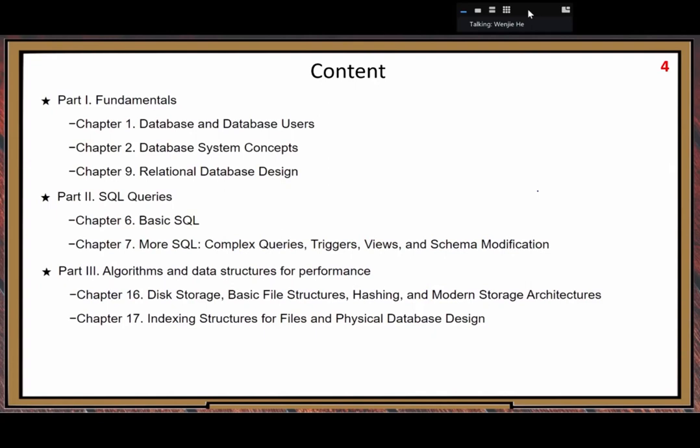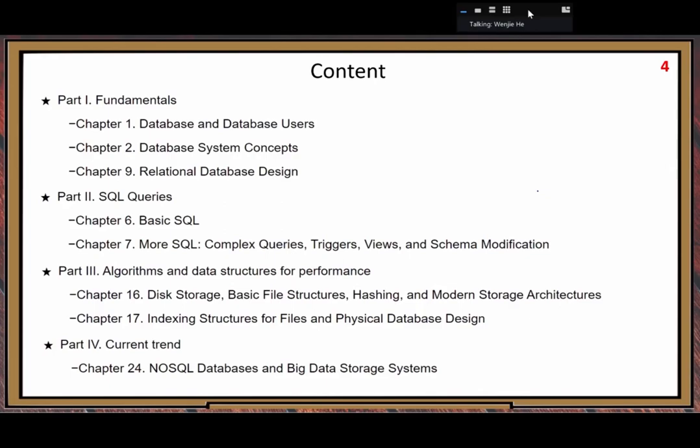Part 4, the current trend. In our current trend, there is another important, relatively new block of knowledge we need to learn: the non-relational database. Relational is a very old technology, but it's still very important and dominant in the market, so we need to learn relational databases.